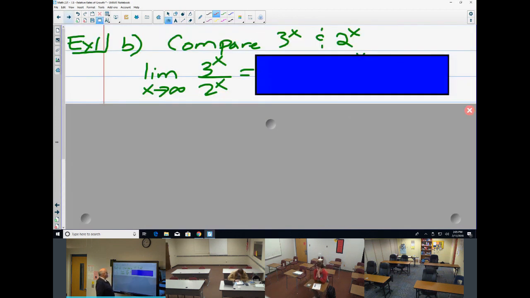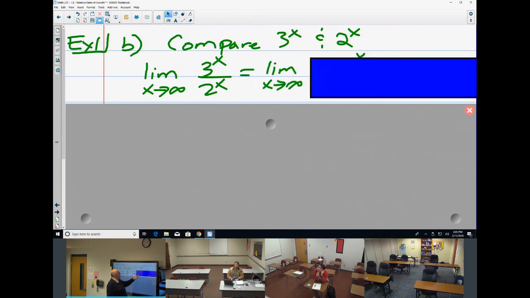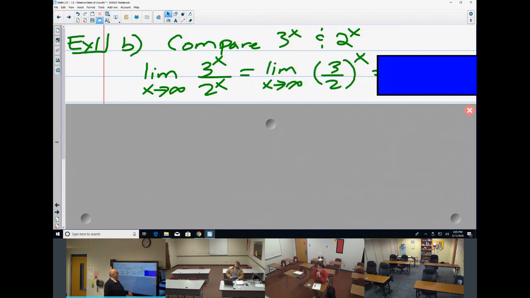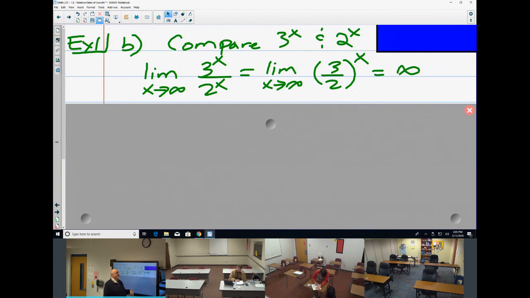All right. Now, let's say I'm comparing 3 to the x and 2 to the x. Well, then here what you actually want to do is group them together and make it 3 halves to the x. Now, as x goes to infinity, if this number inside the parentheses is bigger than 1, then it will go to infinity.